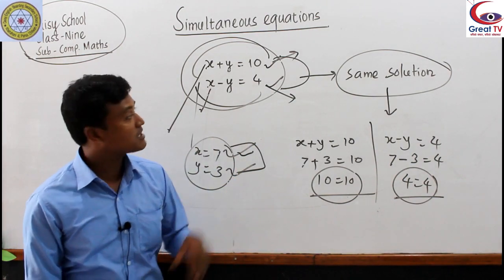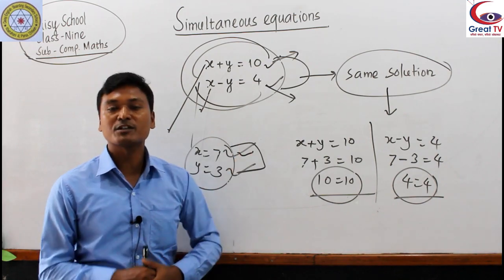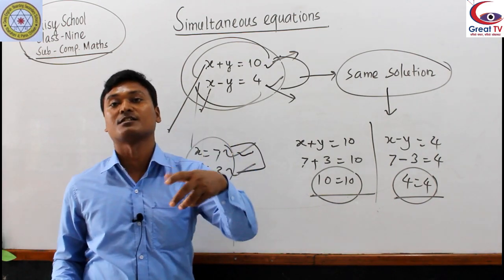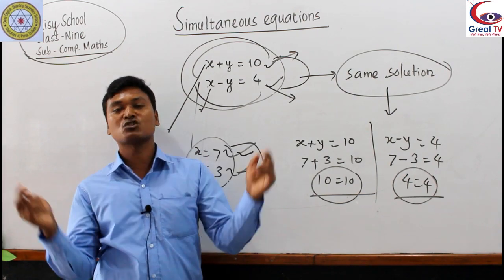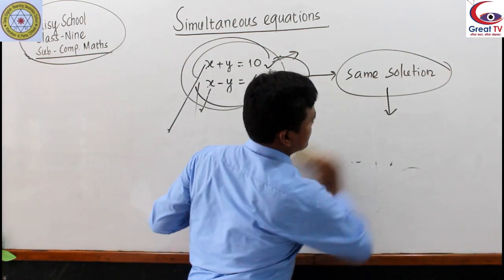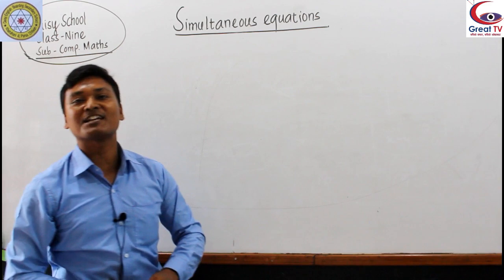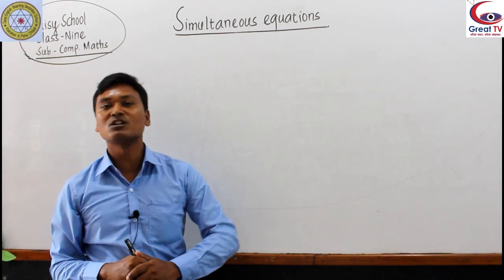So we are not going to talk much about simultaneous equations. It's not so important. So today we are going to touch directly the methods of solving simultaneous equations. We have three methods of solving simultaneous equations.